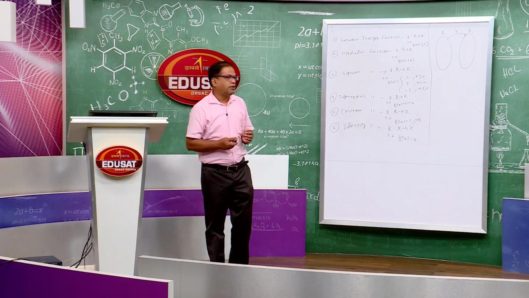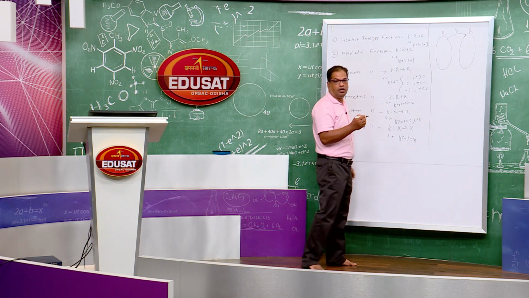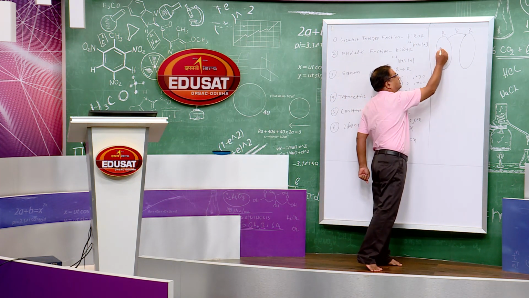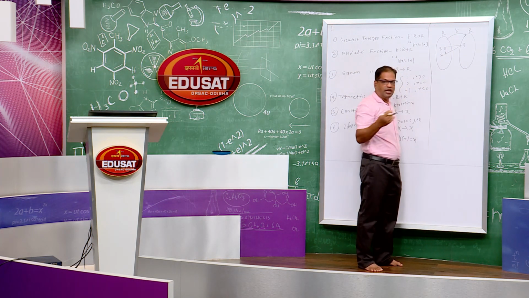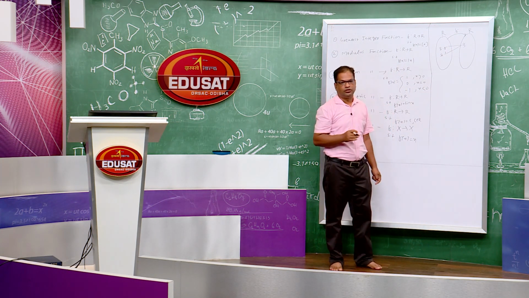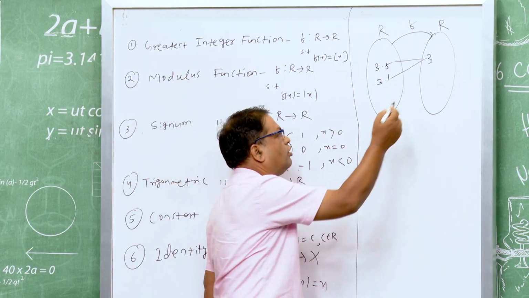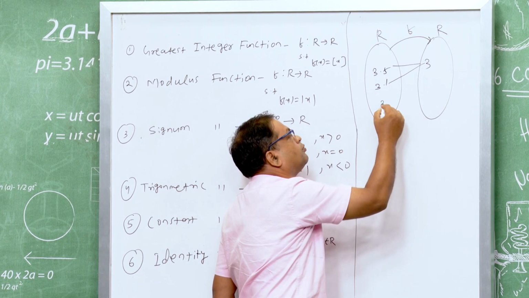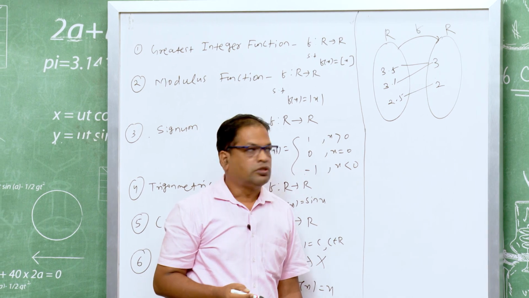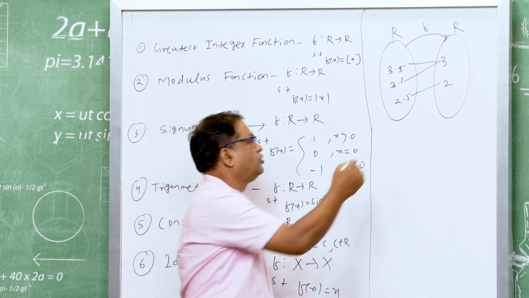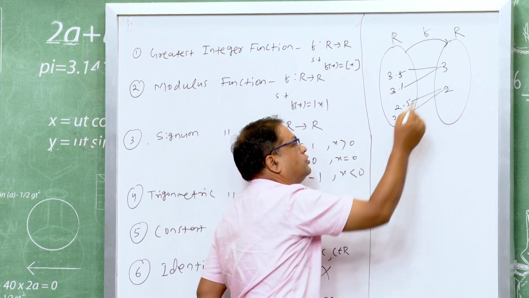The bracket value of 3.5 is 3, the bracket value of 3.1 is also 3, and 3.9 is also 3. So this is a many-one function. For a many-one function, one example is enough. Also, 2.5 goes to 2, and 2.1 also goes to 2.